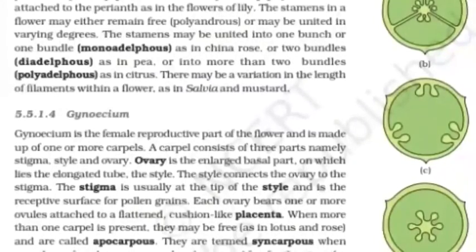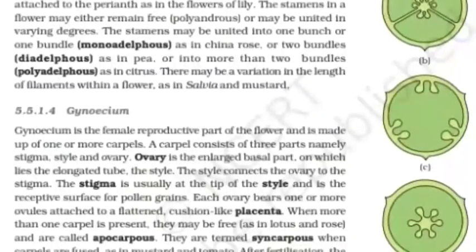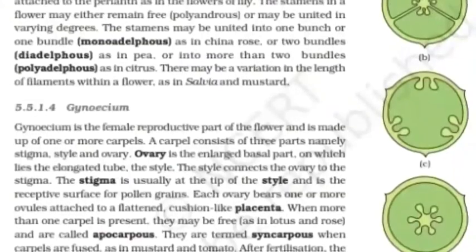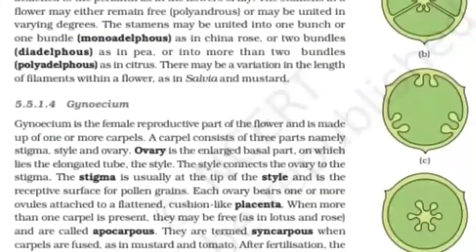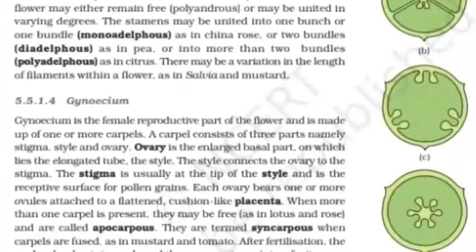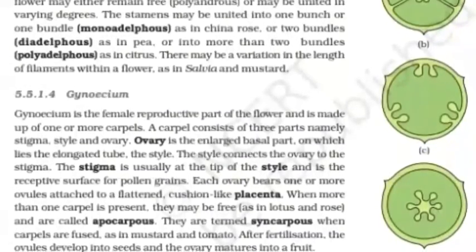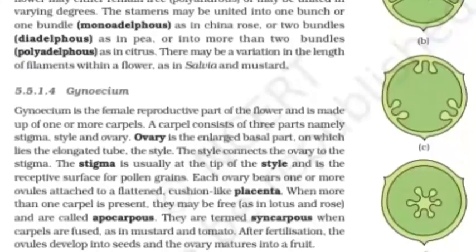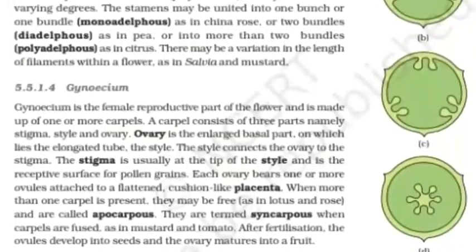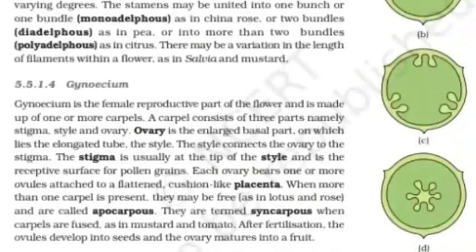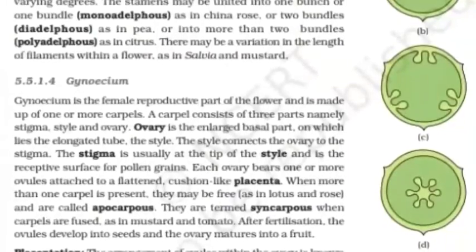Gynoecium. Gynoecium is the female reproductive part of the flower and is made up of one or more carpels. A carpel consists of three parts, namely stigma, style, and ovary. Ovary is the enlarged basal part on which lies the elongated tube.